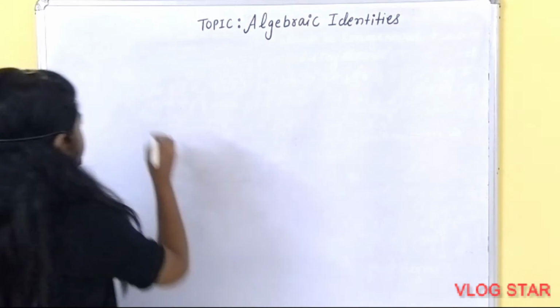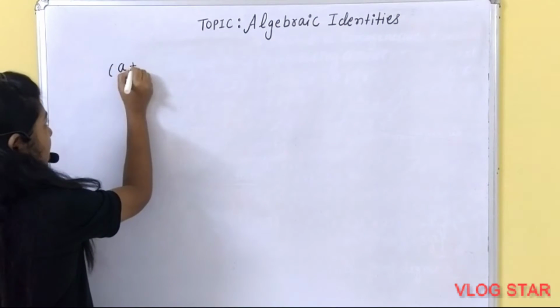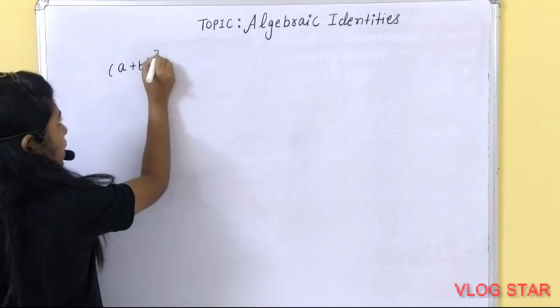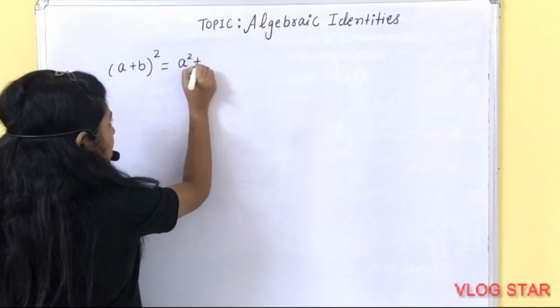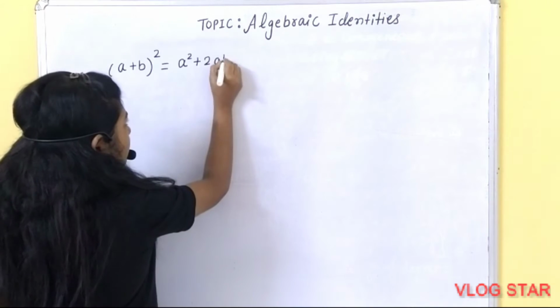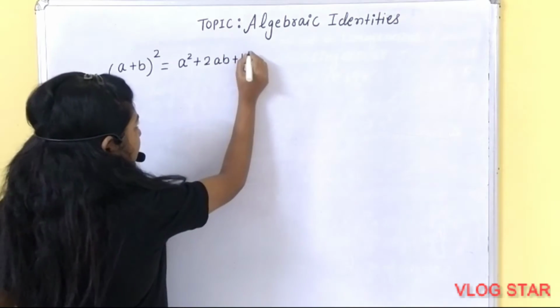The first identity is (a + b) whole square is equal to a square plus 2ab plus b square. Am I right?